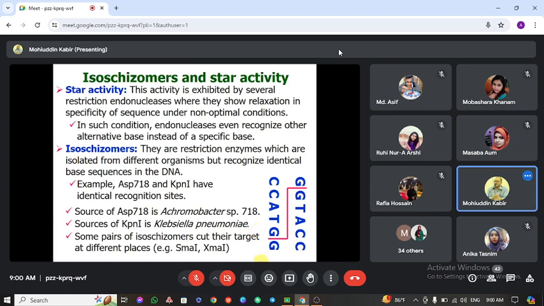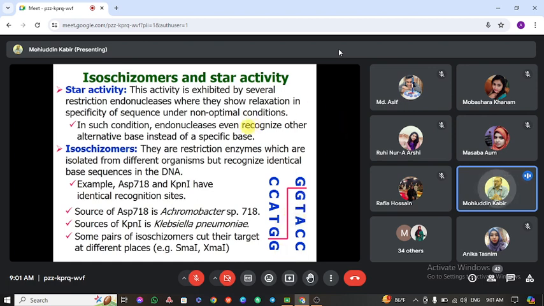The reaction mixture should have optimum concentration of the ion, the DNA, the enzyme, and the optimum time to be used for digestion, together with the optimal temperature.